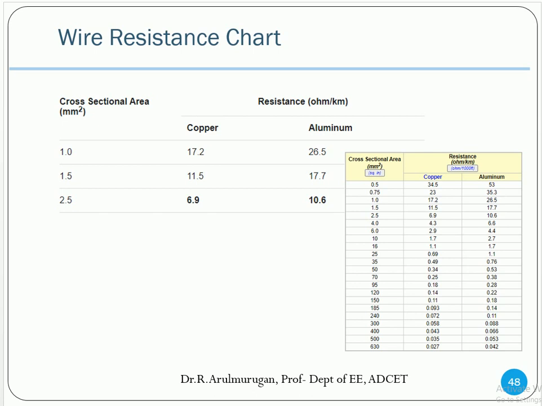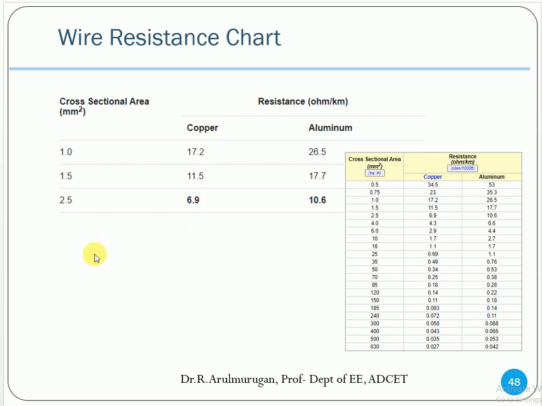The next one, wire resistance. Every wire has some resistance level. We have already discussed the square mm sizes of wire: 1 square, 1.5, 2.5. When the square mm is increased, the resistance value of that wire decreases.